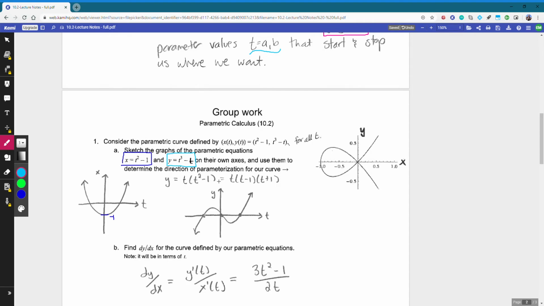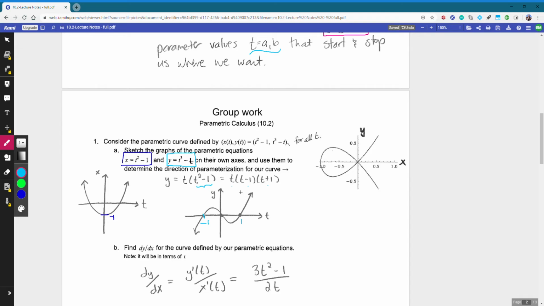We pull out a t and then use difference of squares here. See that this is a cubic polynomial that has roots at 0, +1, and -1. And since the leading coefficient is positive, it has the standard kind of cubic shape and cuts through our t-axis at -1, 0, and 1.